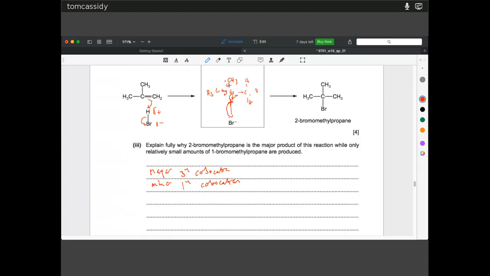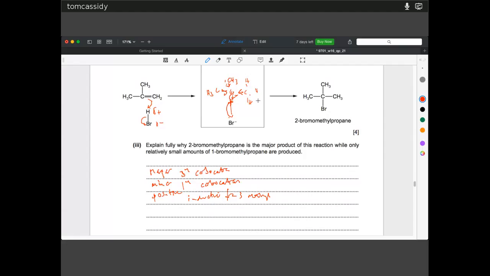So you can draw little arrows on there. You'd say that has a positive inductive effect, and that means electrons are being released from the methyl groups onto the carbocation from 3 methyl groups for the tertiary carbocation.